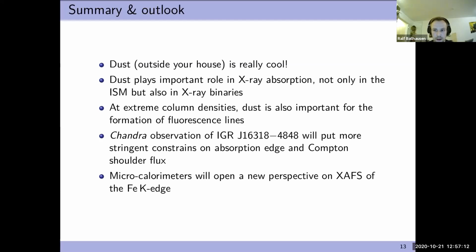There you rely mostly on absorption in iron of the L edge, or for example in silicon of the K edge, but the iron K edge is not yet accessible, but will be in a few years. And there, of course, we expect a lot more insight into the chemical composition and crystal structure of dust absorbers.